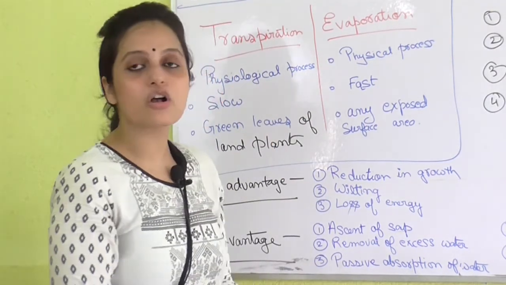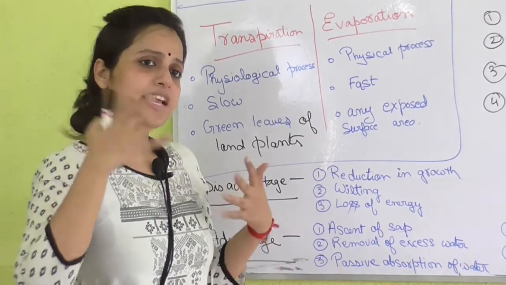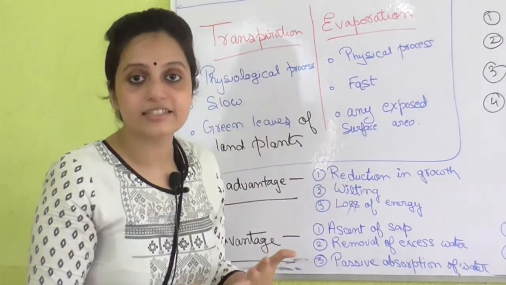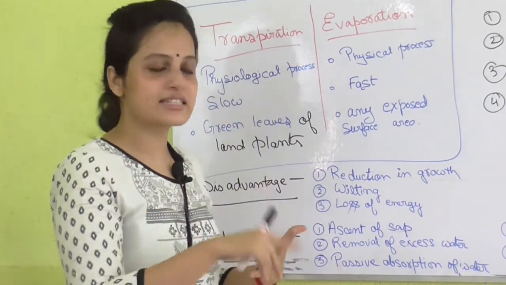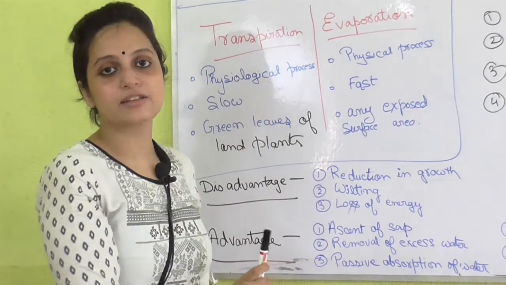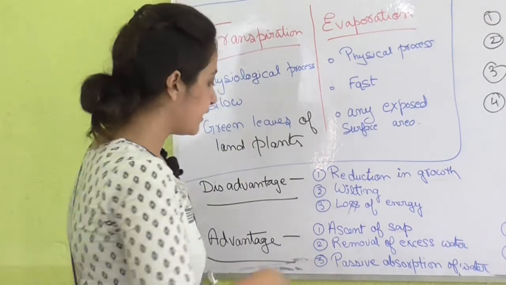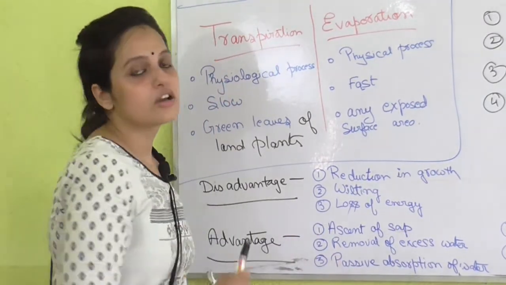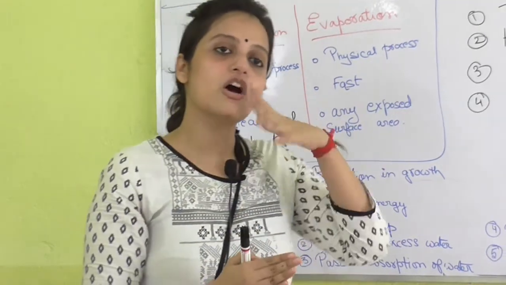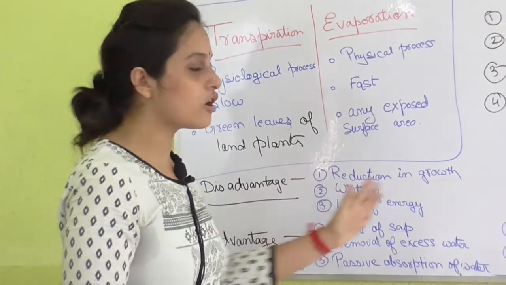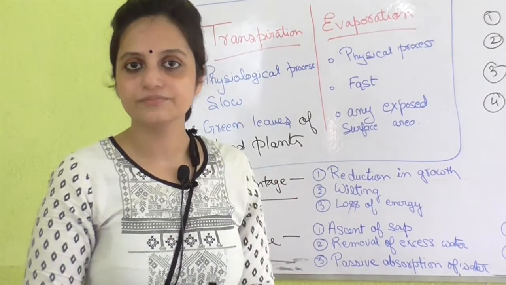Why does this occur? Because the water vapor is transpired more, the transpiration rate is more than needed. So the plant wilts. That is bad for the plant, because if it continues to be wilted, the plant may die. Next, the loss of energy. In transpiration, a lot of energy is given up by the plant. So obviously there is a loss of energy due to transpiration.